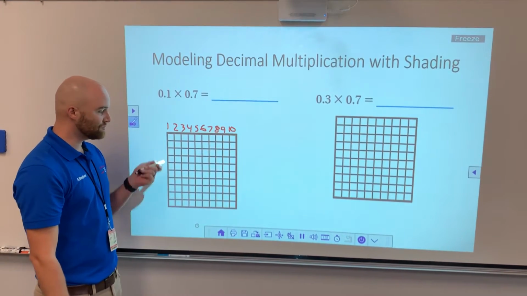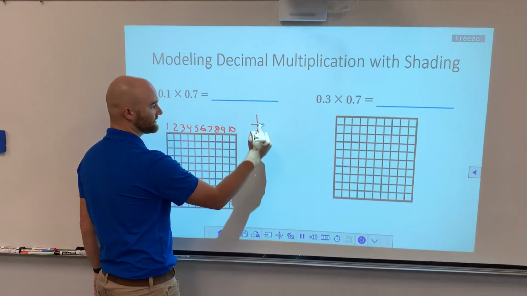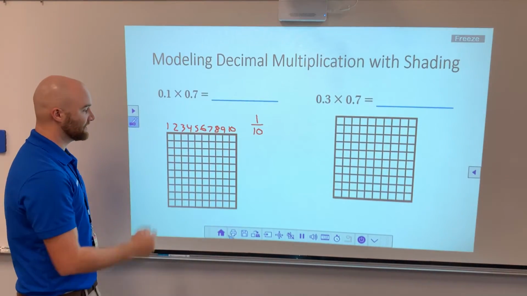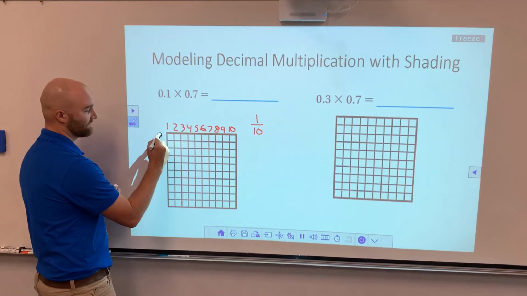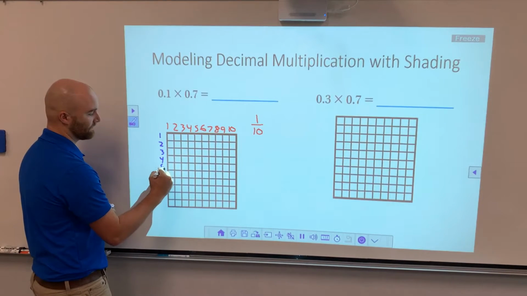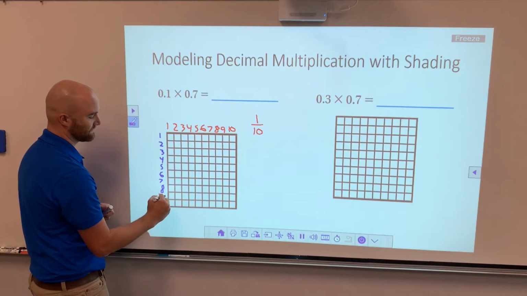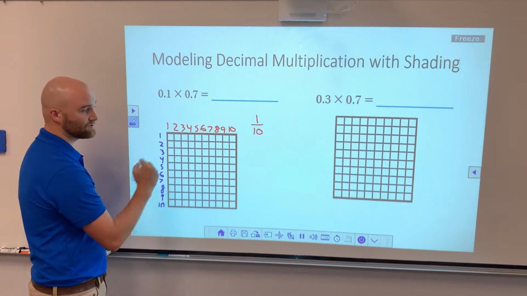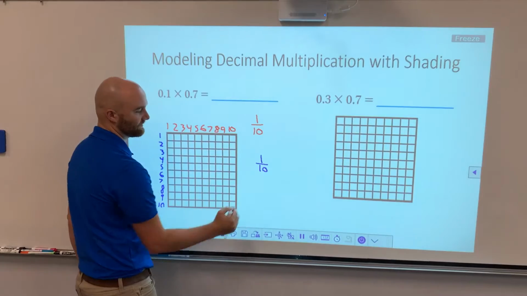That means if I were to choose just one of these columns, that would be 1 part out of 10. The same thing as if I go along the side. I can count down the side: 1, 2, 3, 4, 5, 6, 7, 8, 9, 10. If I were to shade just one of these rows, that would be 1 part out of 10.